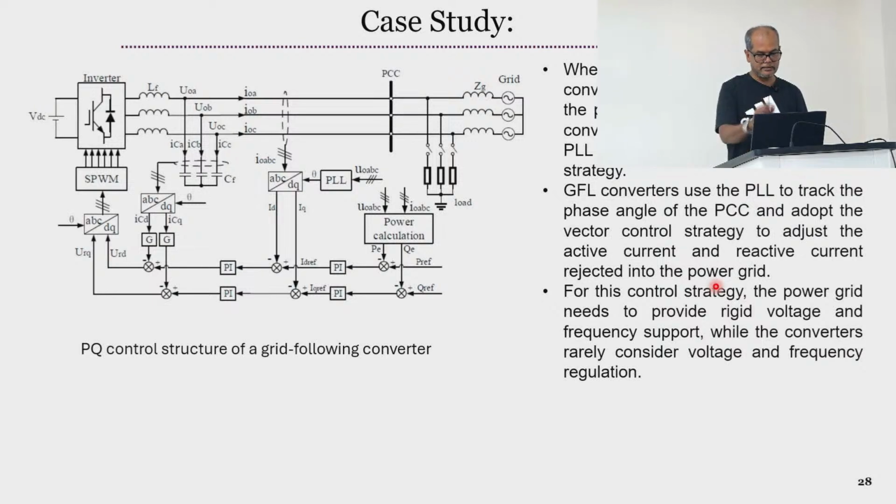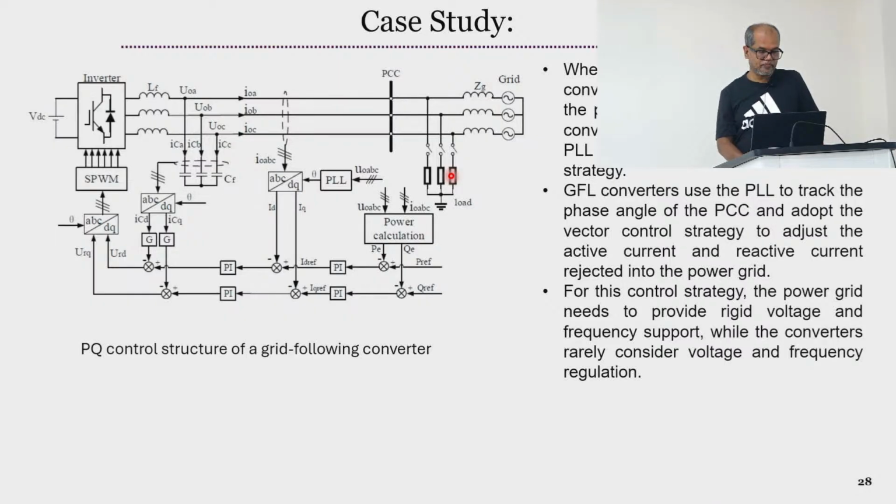Now I'll quickly show another one. Here you have got a grid following inverter, and this is more like a single machine to infinite bus, but here also there is a load connected.